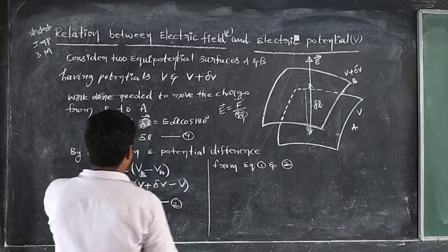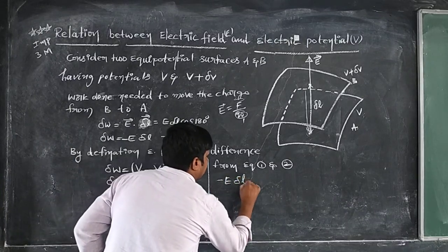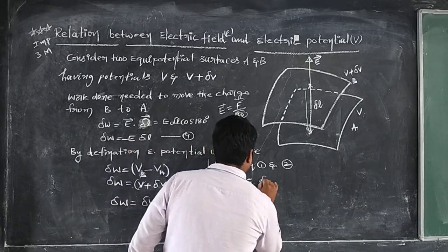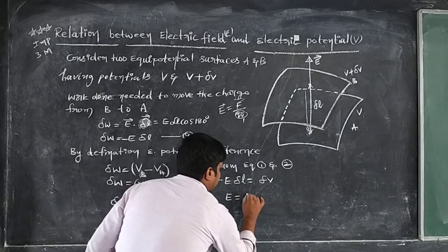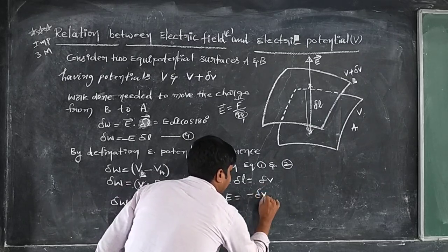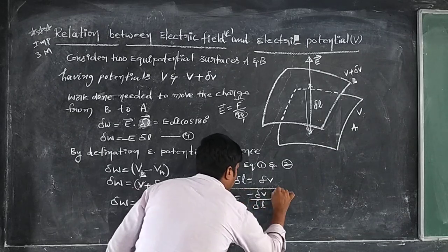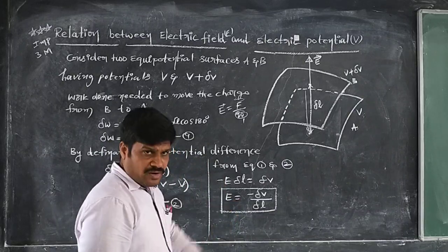Now from equations 1 and 2, minus E into delta L is equal to delta V. From this, E is equal to minus delta V divided by delta L. This is the relation between electric field and potential.